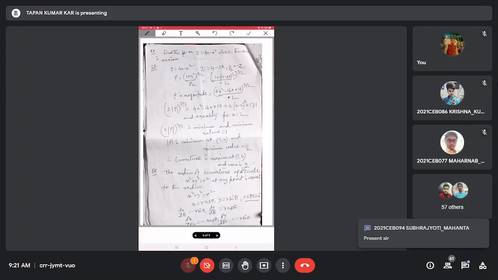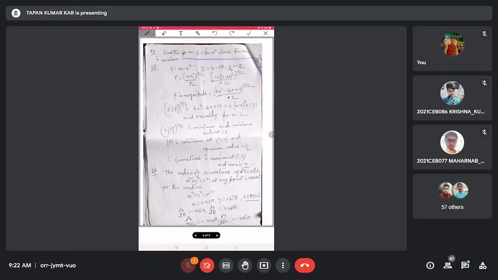Where the curvature is maximum, so first you have to find the radius of curvature, because then you take the reciprocal.